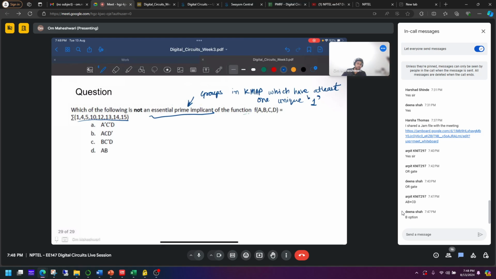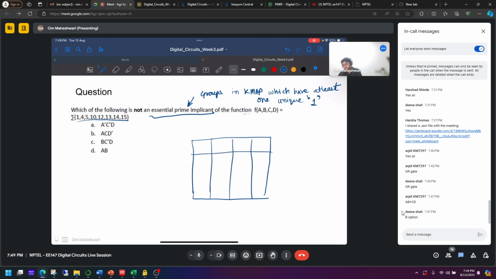So what you have to do is make K-map, then you will see. So let us make it together. So this is the K-map.